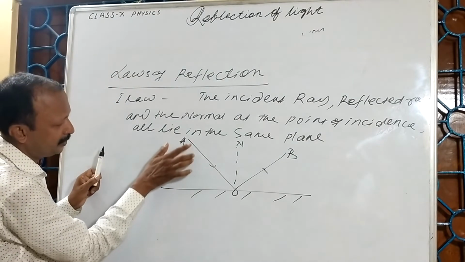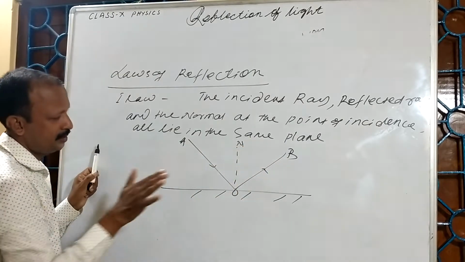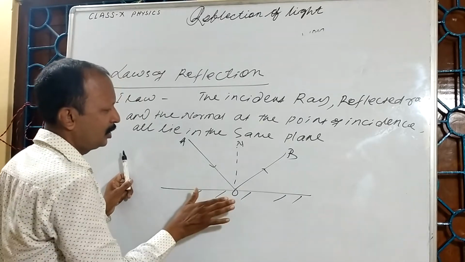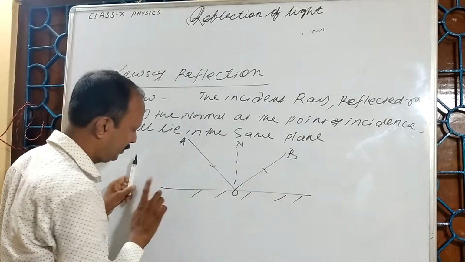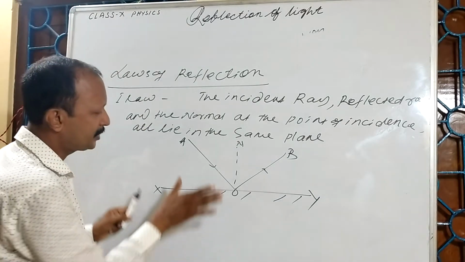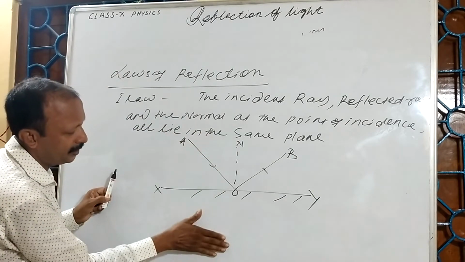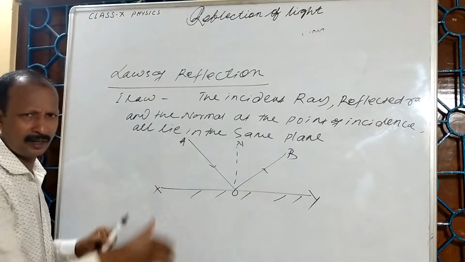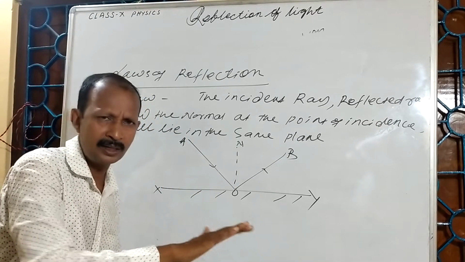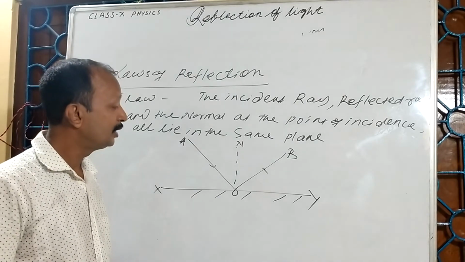Now you imagine that these are the light rays. This AO exactly light ray, OB exactly light ray, ON is exactly normal, and this XY exactly is the plane mirror. All these three are lying in one plane. Which plane? That is the plane of the board here. Here plane means the plane of the board, or you can consider the plane of the paper.